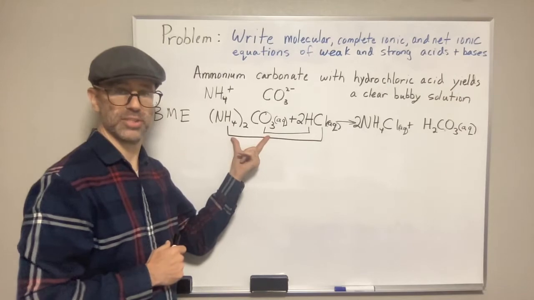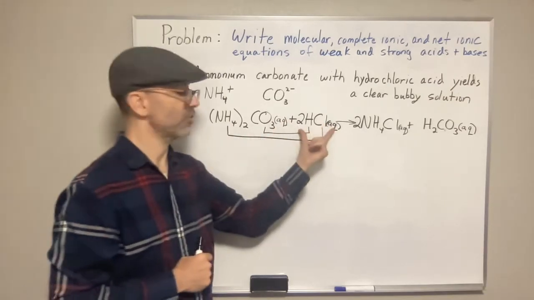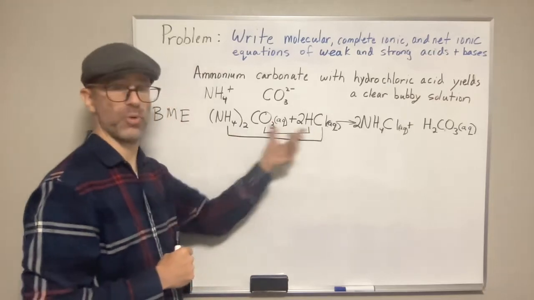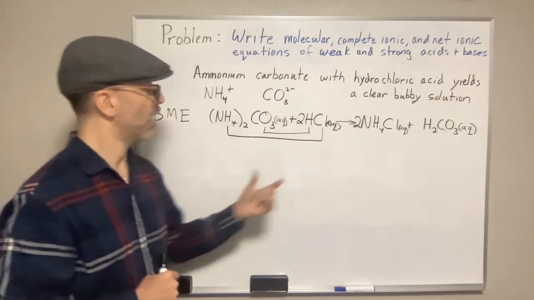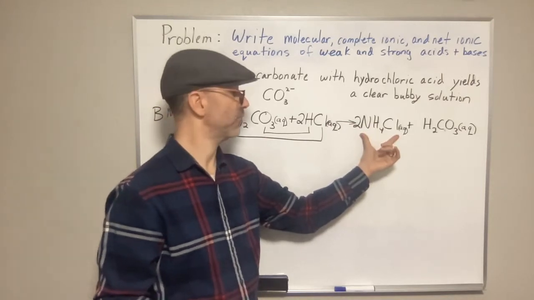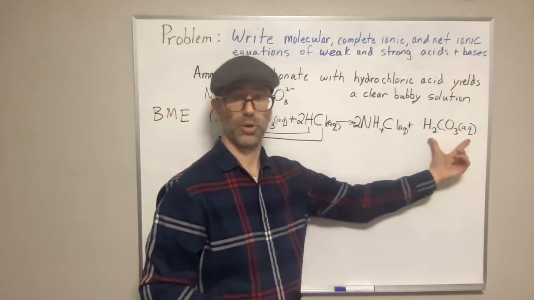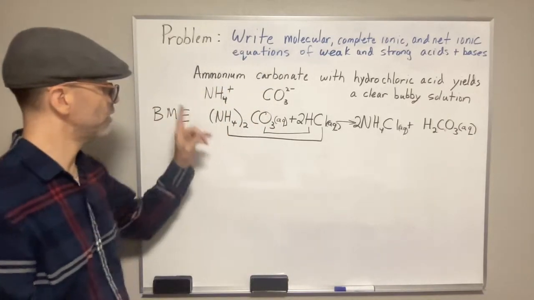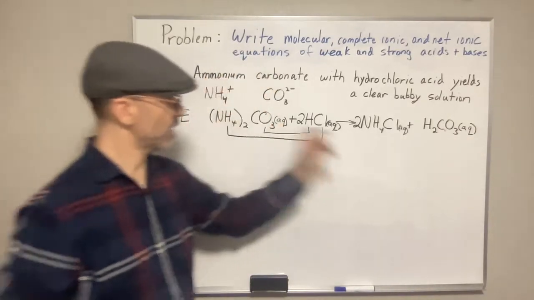This ionic substance is separated into ions. This is a strong acid, so that's going to ionize into ions. So these can be written separately. This is also an ionic substance that's going to separate into ions. And then we have this, and we're going to get to this in a moment. So, well, why don't we talk about it now?